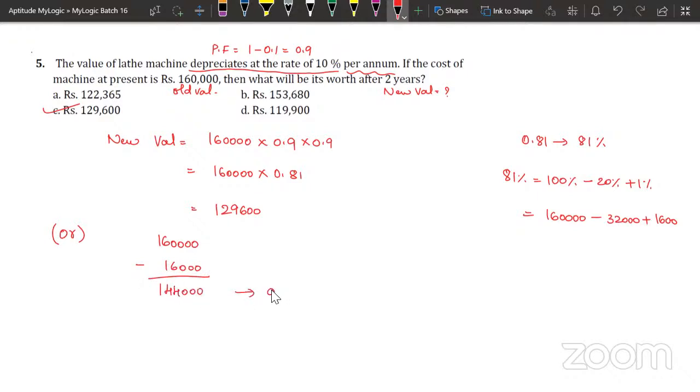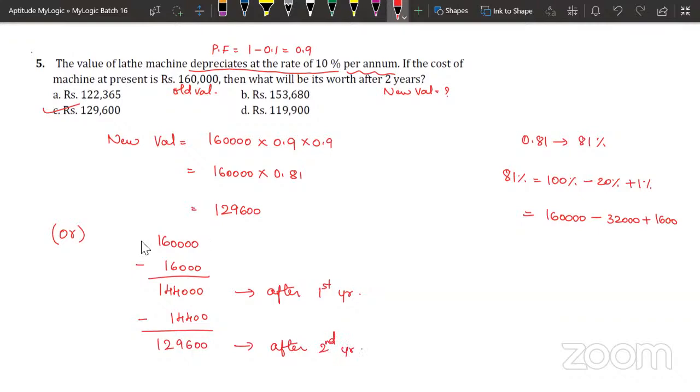This is after the first year, right? After the first year, the value of the machine is 1,44,000. Now, in the second year also 10% will reduce. So it is 10% of this, which is 14,400, which gives you 1,29,600. This is after the second year.